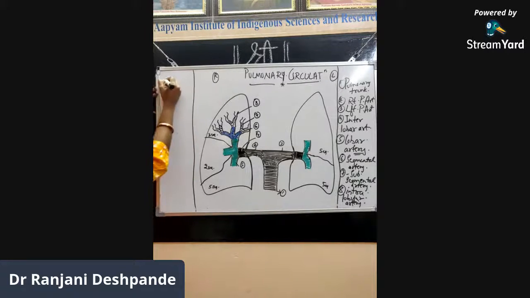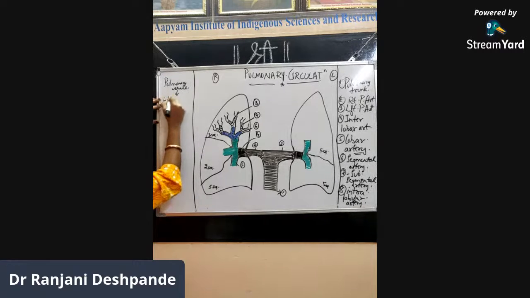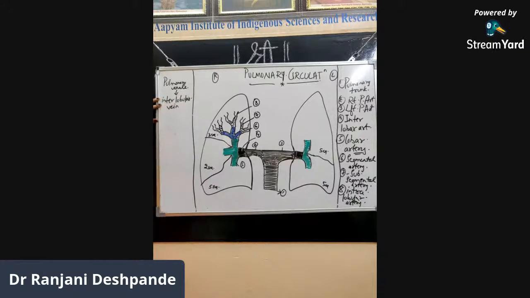So first is the pulmonary venule that is leaving the lung lobule. Okay, that pulmonary venule will drain to the interlobular vein.